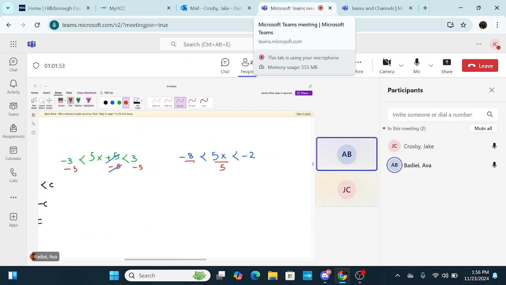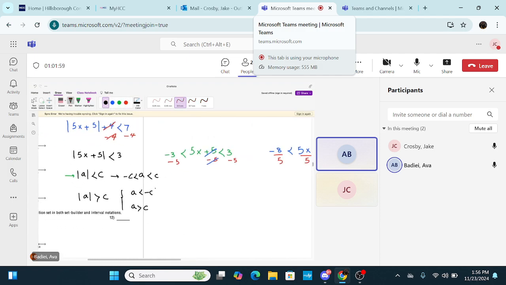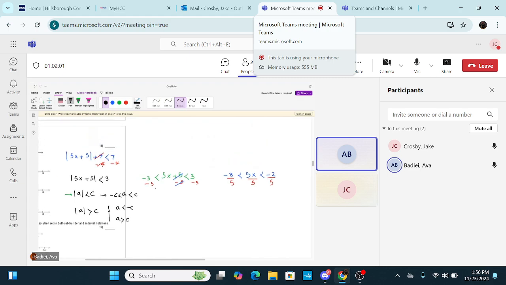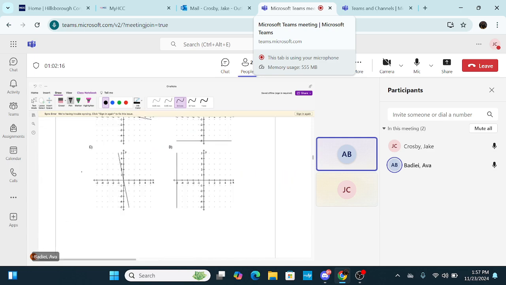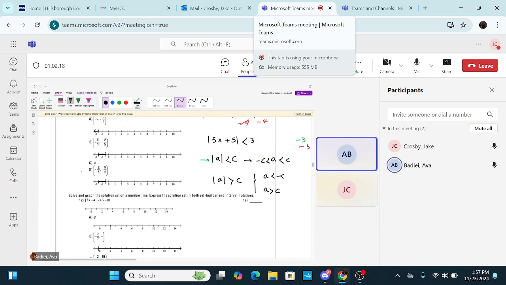Yes. So I'm going to write it down here so we can see it more easily. We are saying that x is between -8/5 and -2/5.